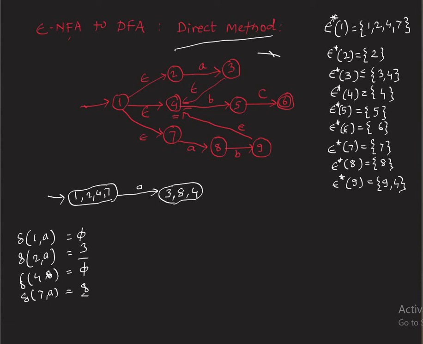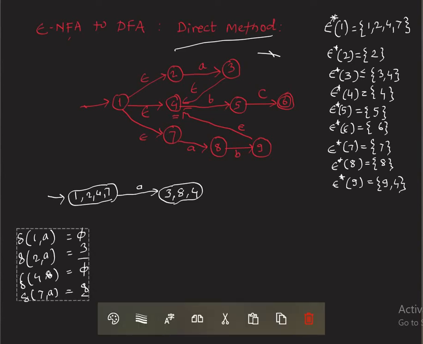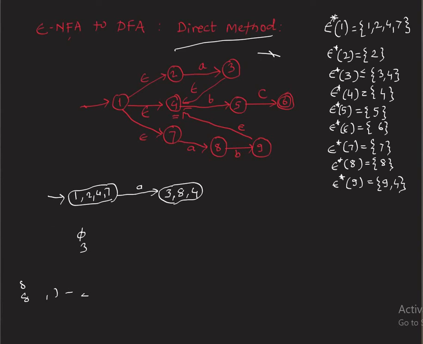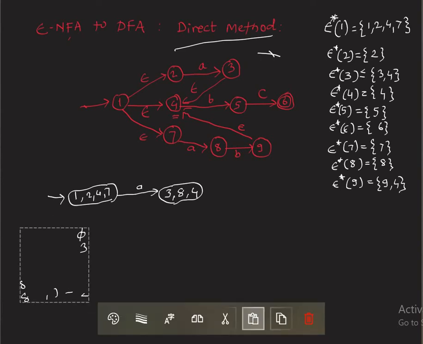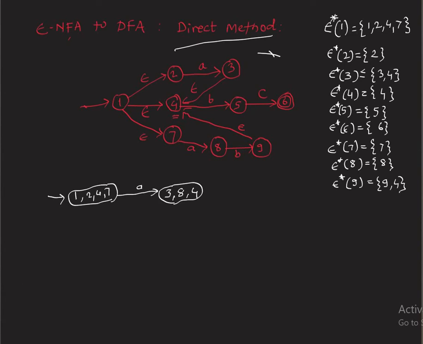Now we are going to see what will happen if our input is B. So now we are going to see what will happen in the starting or initial state if the input is B. Again, the process will be the same.